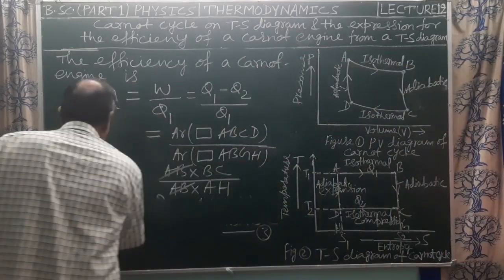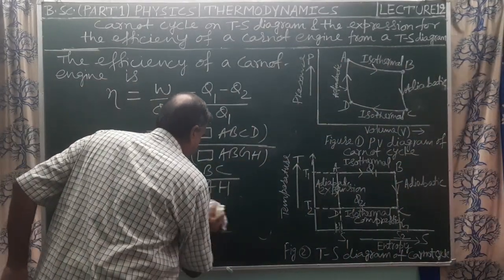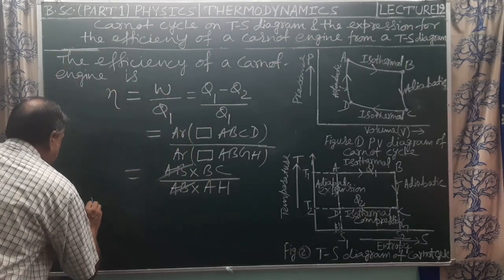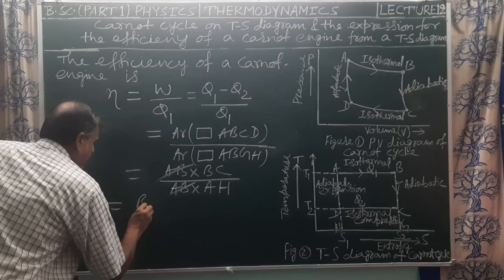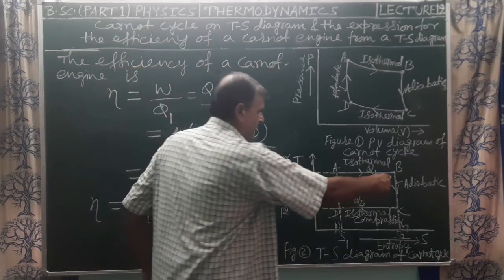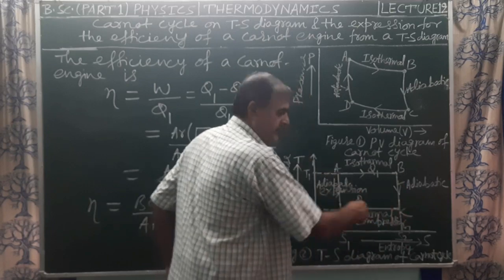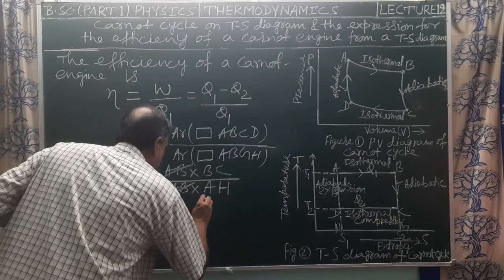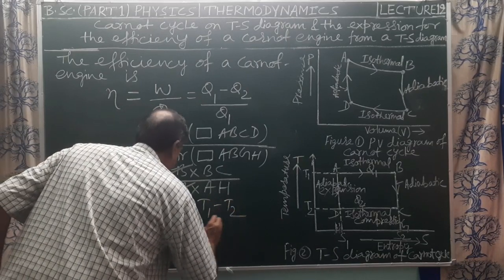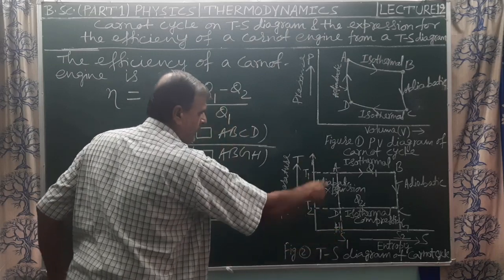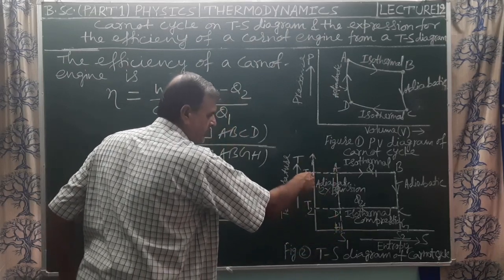So we have the expression for the efficiency of a Carnot engine: eta equals BC upon AH. BC is T1 minus T2 and AH is T1. Corresponding to AH, the temperature of the system is T1.